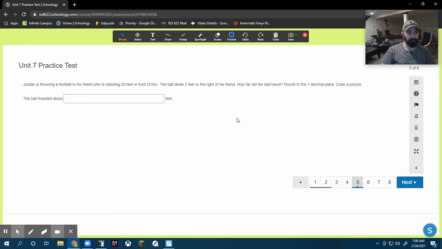Halfway done. Number 5. This is a good opportunity to draw some pictures. Let's say Jordan is standing 20 feet away from his friend.